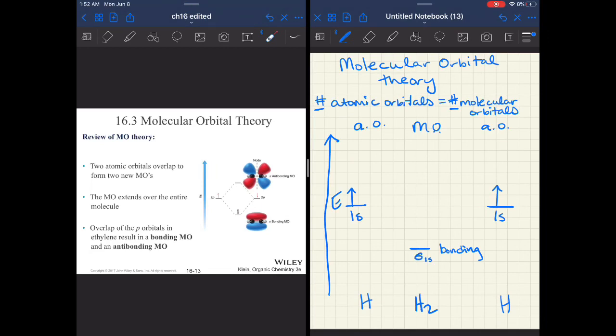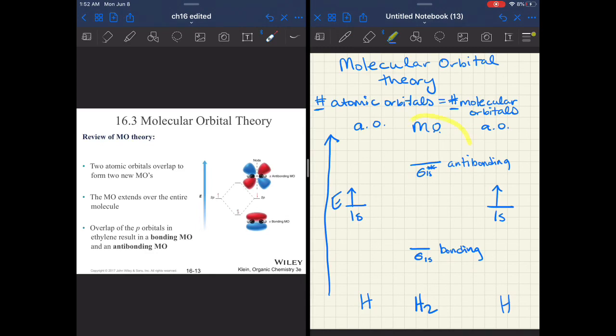You might even see 1s written in there because it comes from 1s orbitals. Or if you get destructive overlap, you can get an antibonding orbital, and it may have the 1s, but it often will have a little asterisk by it. It's antibonding. So we had two s orbitals to start here. And in the molecule, we have two new orbitals, one that's lower in energy, one that's higher in energy.